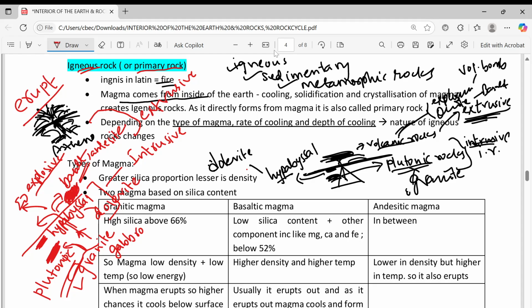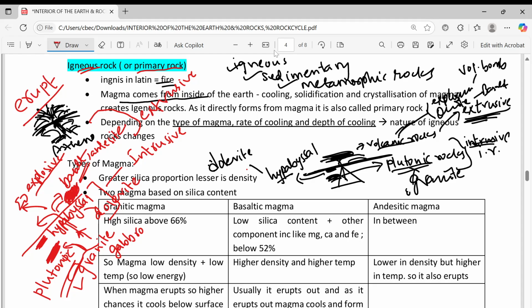One is below the surface, that is intrusive. One is above the surface, that is extrusive. Intrusive means within, below the surface. Intrusive to some depth is plutonic rock, for example granite, gabbro. Just below the surface, hypabyssal rocks, for example dolerite. Extrusive rocks, two types.